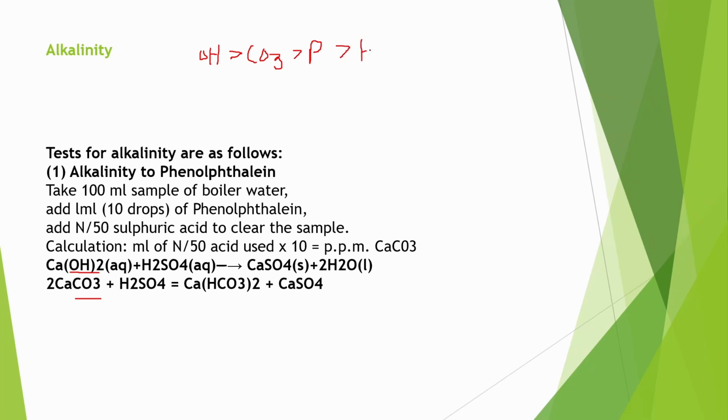So this is the decreasing order of alkalinity. So that is why P alkalinity gives us alkalinity due to hydroxide, that is OH minus, and CO3 minus. So that is the concept.